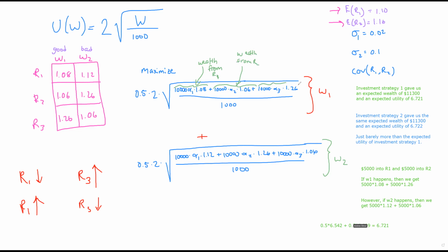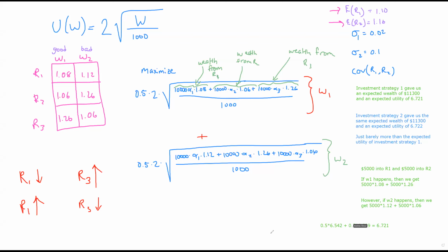And this term here is, I hope it was obvious by now, my wealth from R3. I'm going to pause for a second, because I'm not about to take a derivative and solve this constrained maximization problem. I'm going to try typing it into Wolfram Alpha and see if I can get the answer. So pause real quick. I'll be back in just a second.